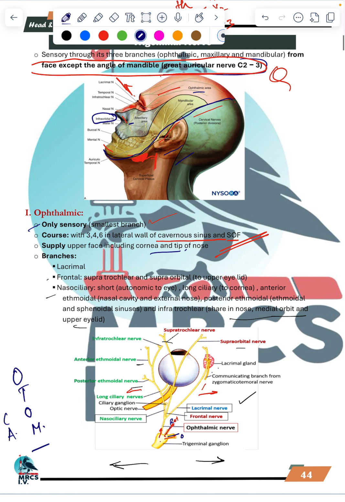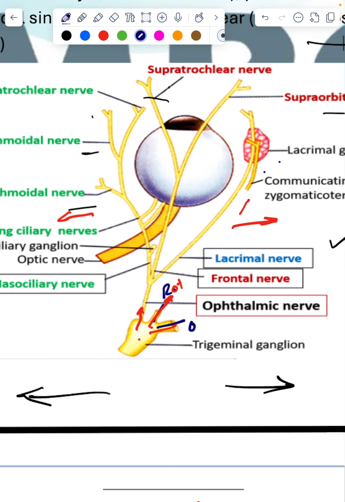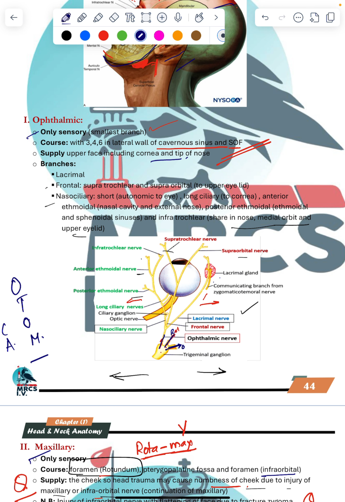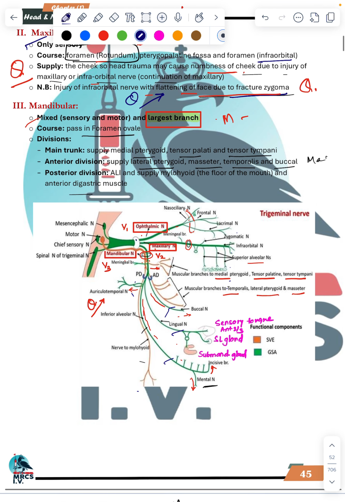So if you see, the trigeminal has this trigeminal ganglion with three divisions: ophthalmic, maxillary, mandibular. These are passing through different foramina.